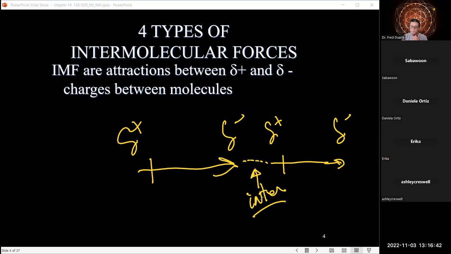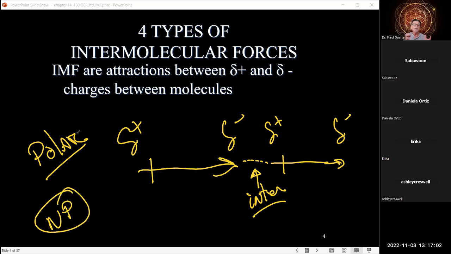The intermolecular force interactions occur between molecules, and that is because of the dipole that it has. So that means all polar compounds that have a dipole are going to have a certain type of intermolecular force. What does that mean for nonpolar species?